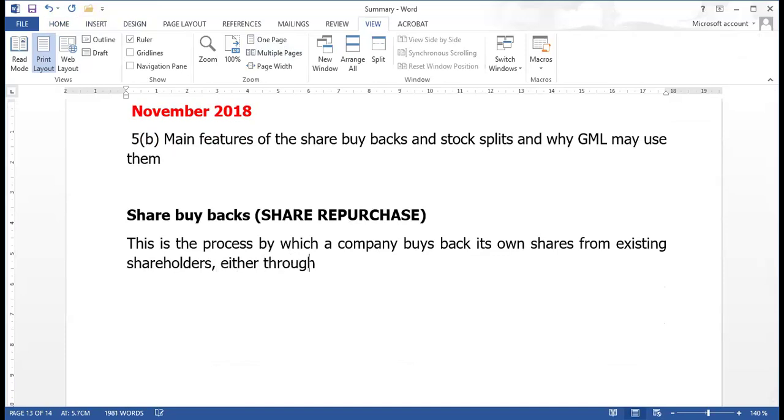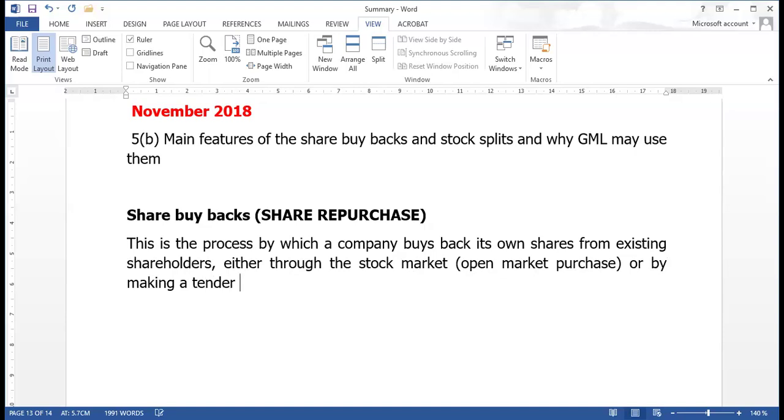either through the stock market. That is where you have the open market purchase. Or it could be that you're buying them by making a tender offer at a specified price.